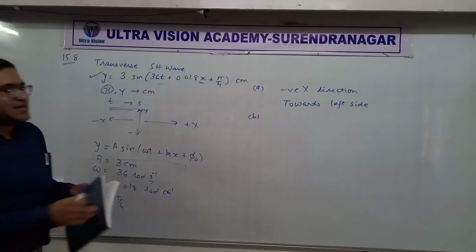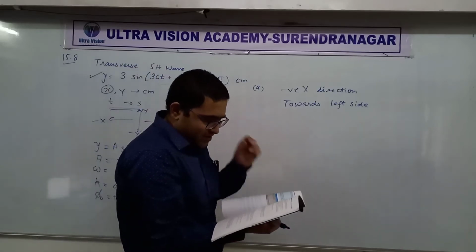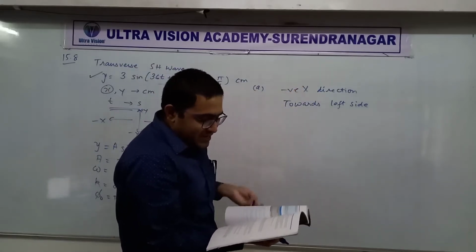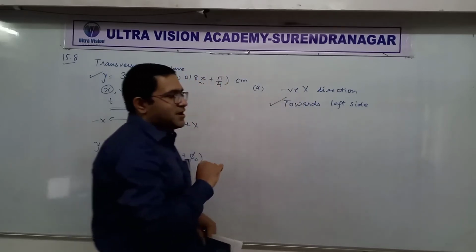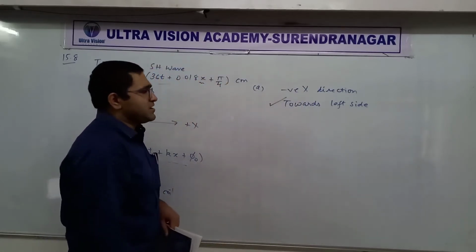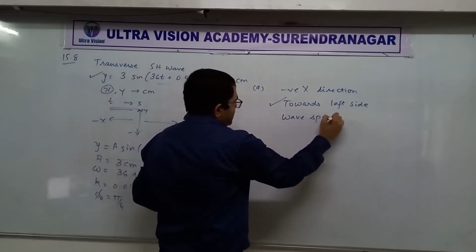Then, in A itself there is something else. If it is a traveling wave, then what are the speed and direction of propagation? Direction of propagation, done, towards left side. Speed of wave, what's the formula?